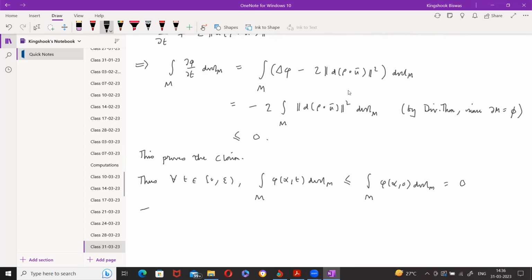So that implies that φ is identically 0.